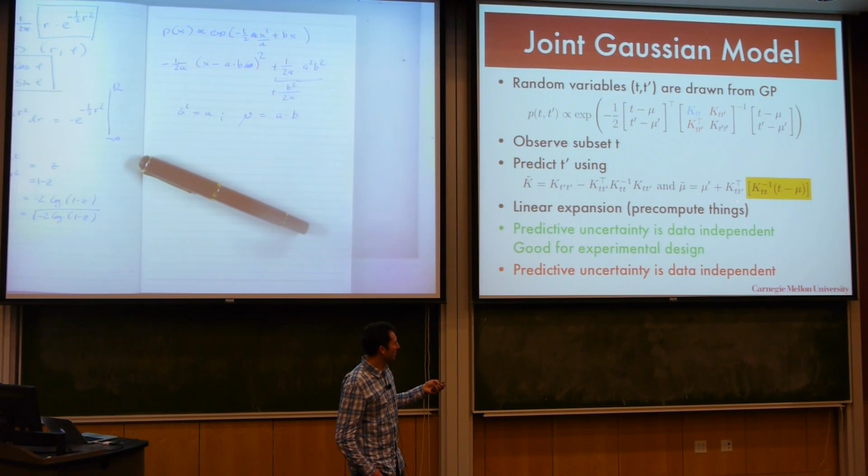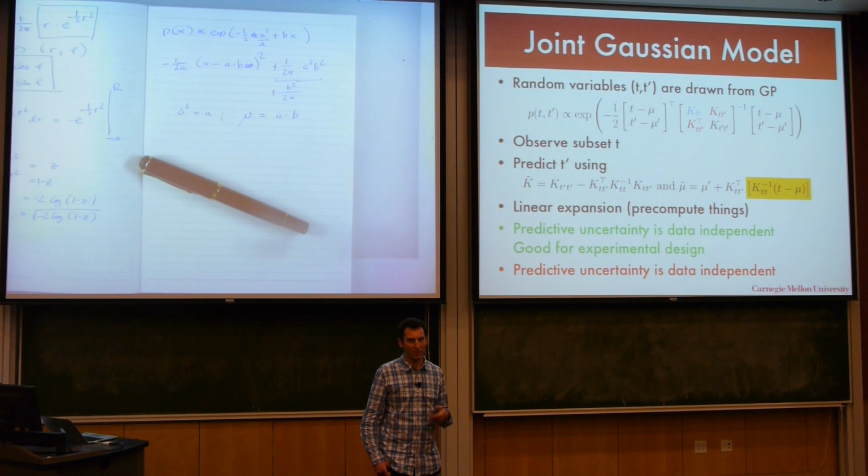Because, okay, by the way, can somebody tell me how expensive computing this is in terms of sample size? Is it linear, quadratic, cubic, quartic? So who opts for linear? Who opts for quadratic?